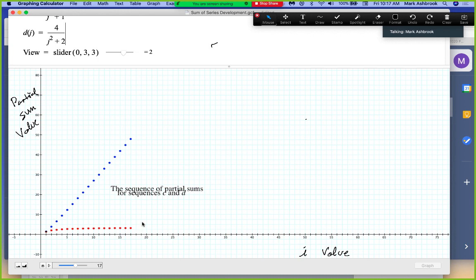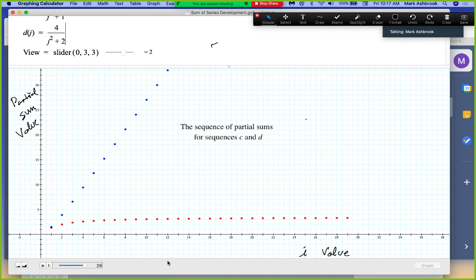And you see that the amount by which the partial sum increases is getting smaller and smaller, and we know the limit of that sequence was 0. So in the sequence of partial sums, you keep adding on essentially 0 plus 0 plus 0, and so that's why the total sum has a chance to converge.